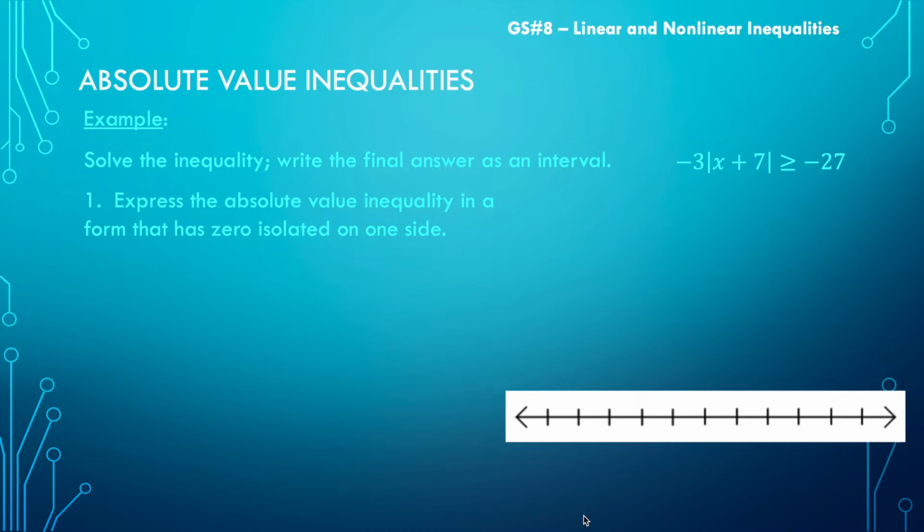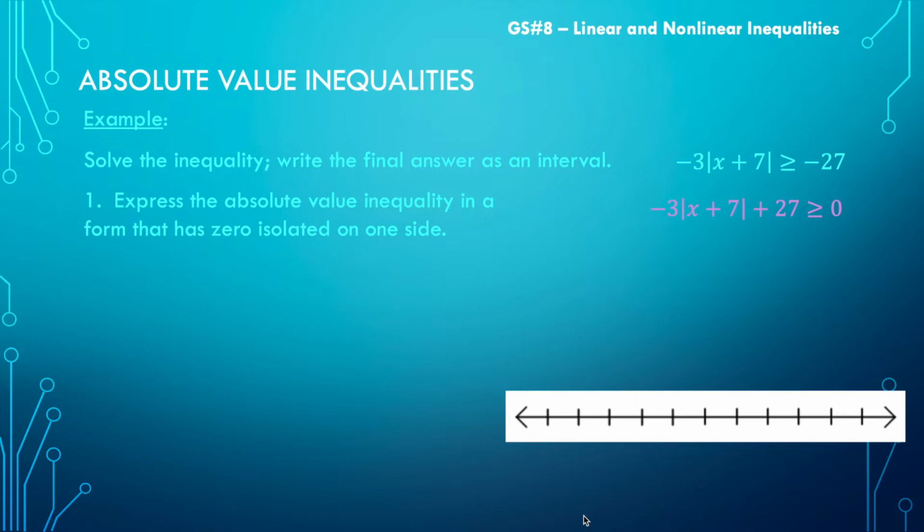So move that -27 to one side of the inequality. Okay, so we've added it to both sides: -3 times the absolute value of x plus 7, plus 27, is greater than or equal to 0.